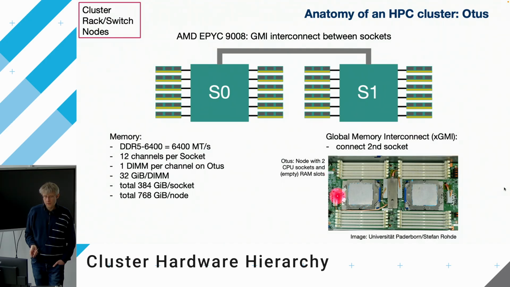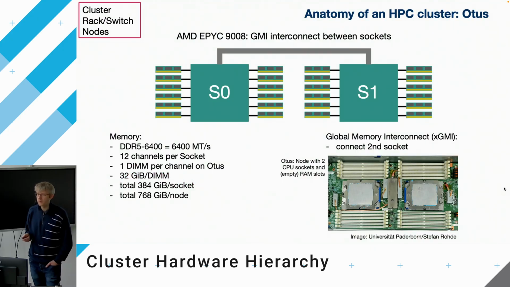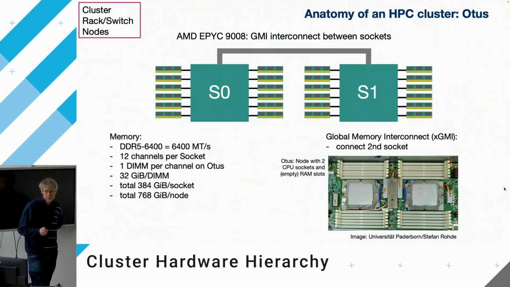So there are 12 channels per socket, and we are using DDR5 6400 as a memory communication standard here. So we have 32 gigabytes per DIMM, and this makes a total of 384 gigabytes per socket, and a total of 768 gigabytes per node on a normal node on Otus.